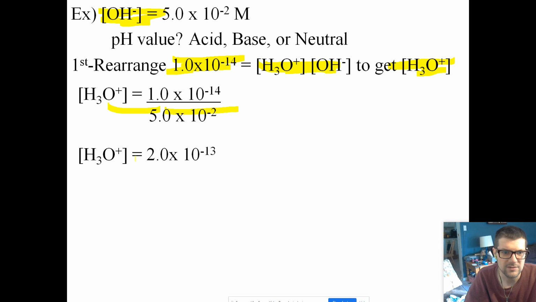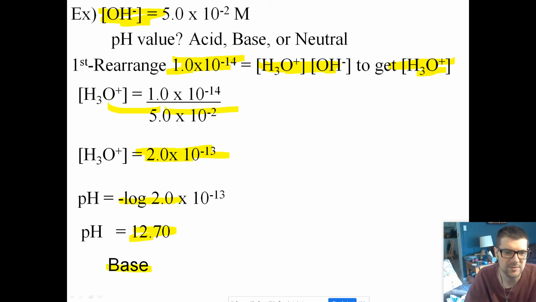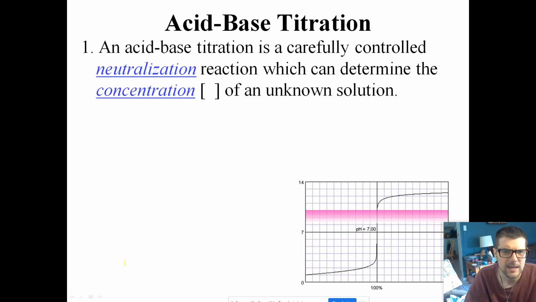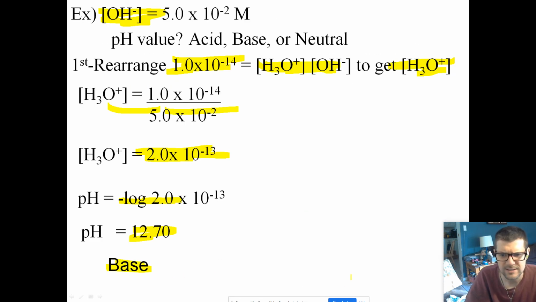And that's going to give us the hydronium concentration. Now we're ready to take the negative log. So we take the negative log of that value, and that gives us the pH. It is above 7, so it is a base. Okay. That is where we're going to stop here. That's the general idea about pHs and acids and bases.